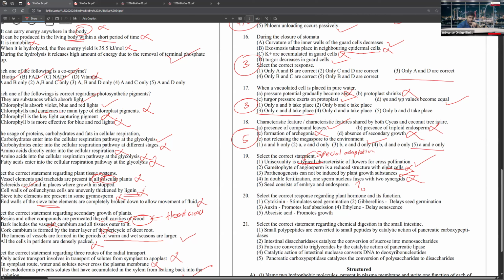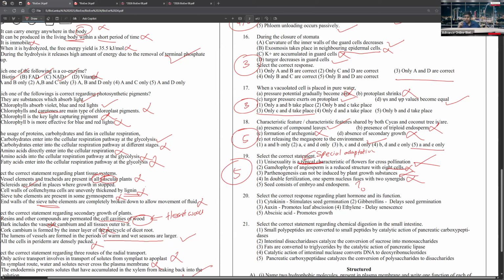You can't take typical, and typical means present in all. So I'll take that as a wrong statement. Then the closest answer is 5.